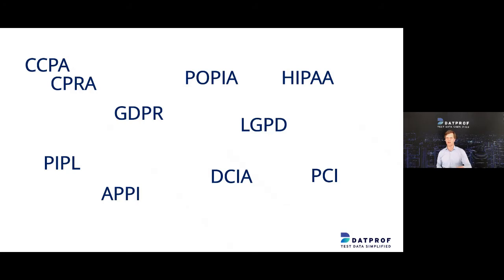For example, South Africa has a new one, but Brazil, Canada and Japan have also been updated. What's not on this slide deck are the updated versions coming into play from New Zealand and also from Australia. So quite a few updates have come to the market over the last 24 months.